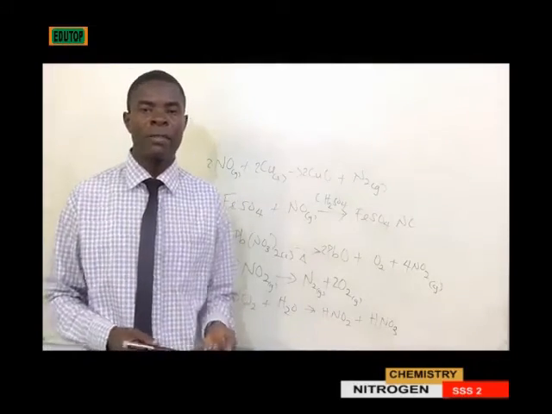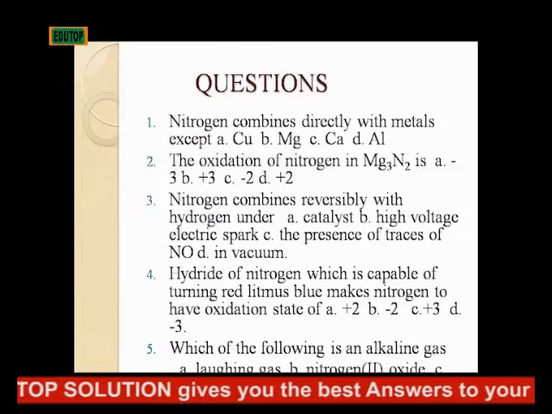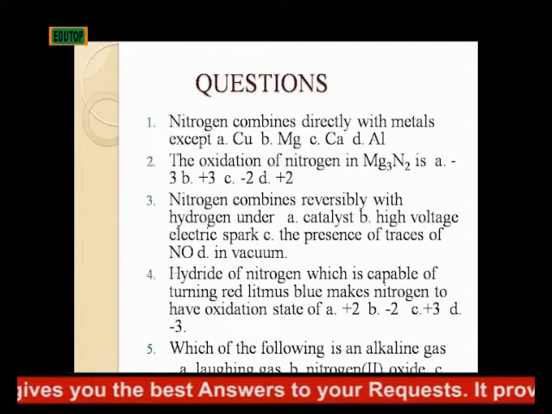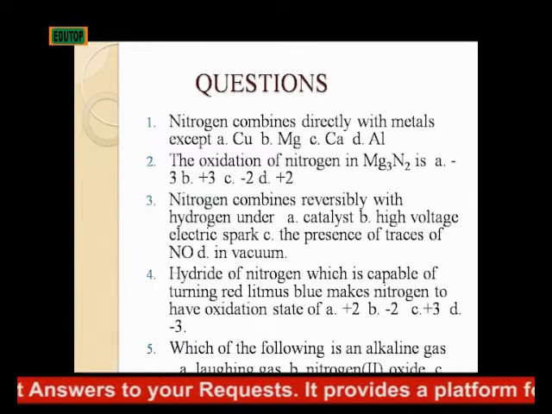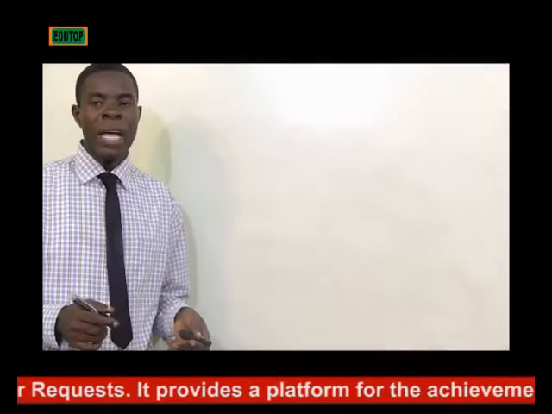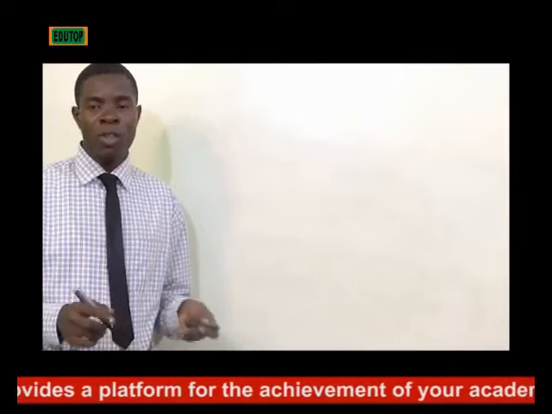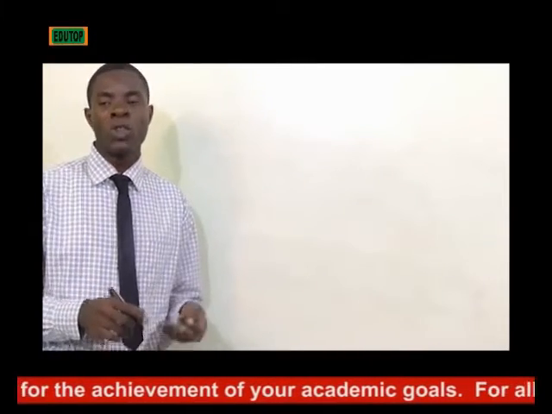Questions designed for this topic. Question number 1. Nitrogen combines directly with metals except A. Copper, B. Magnesium, C. Calcium, D. Aluminium. Based on the options, the only one that nitrogen does not combine with is the transition metal, which is copper.